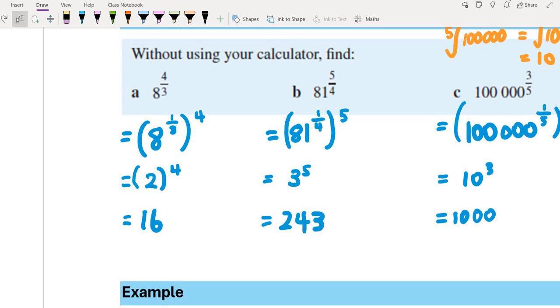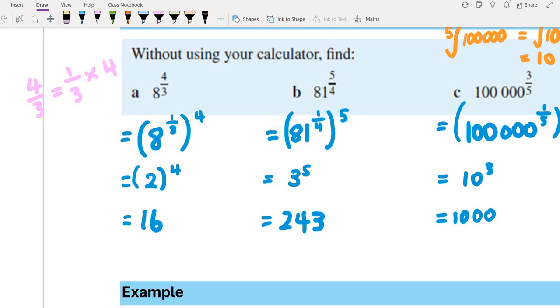The trick here is to think about all these different possible combinations of numbers. So the one that comes to mind here is splitting up 4 over 3 into 1 over 3 times 4.